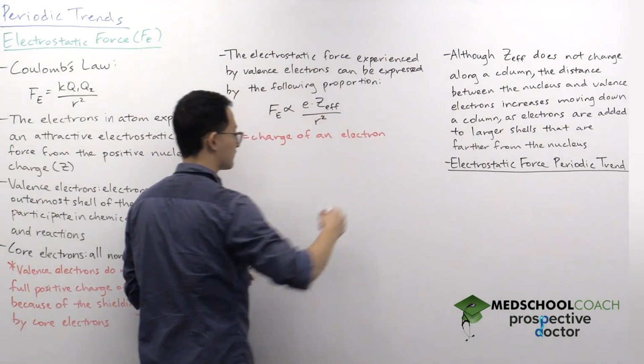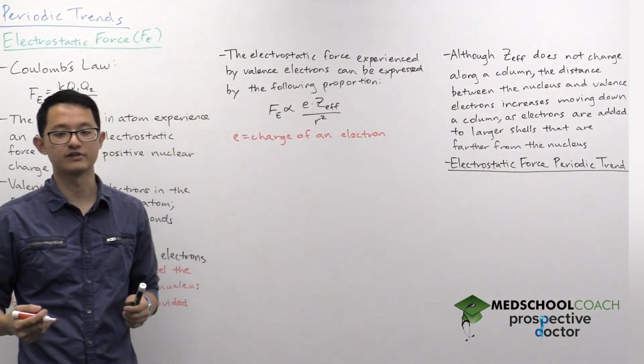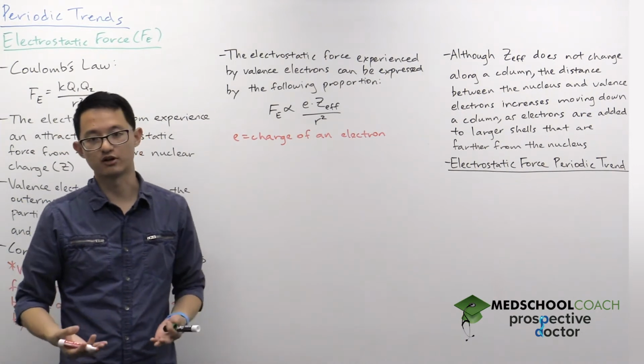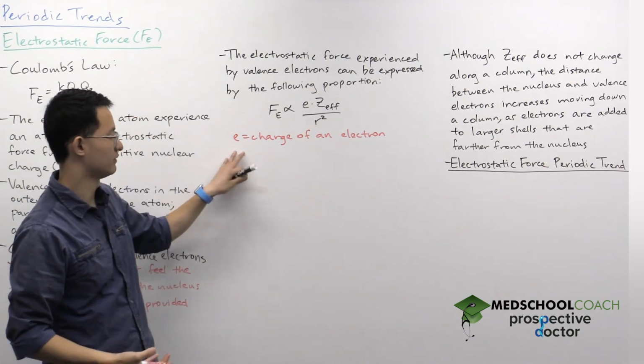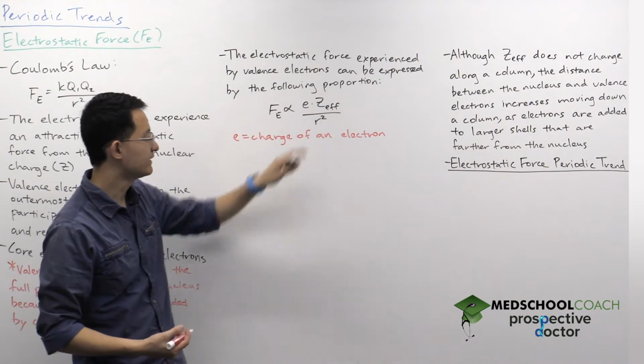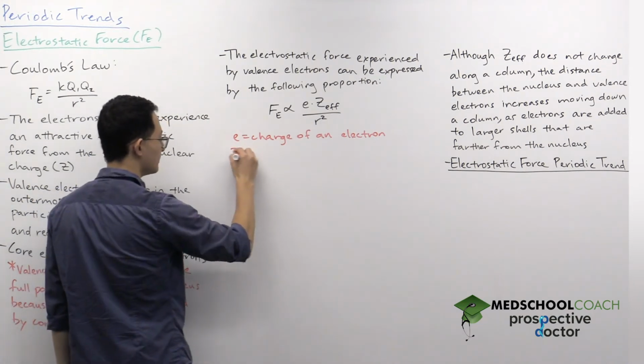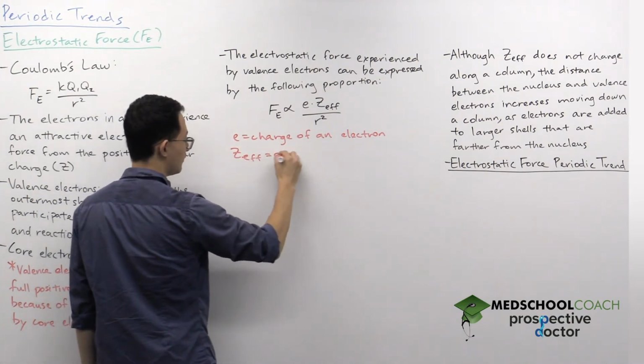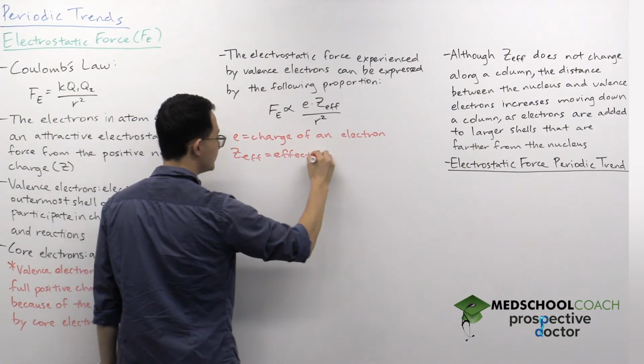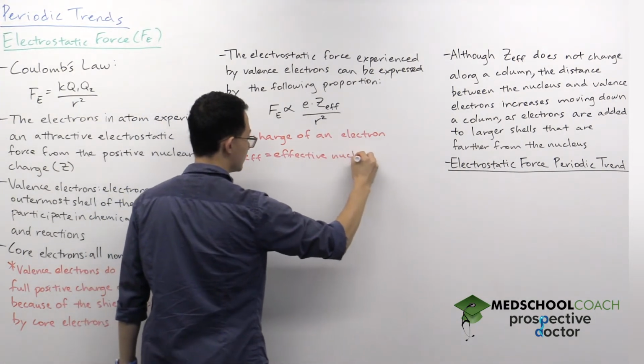In this case, we're of course talking about the valence electrons, but all electrons have the same charge, so it doesn't really matter what we use. Z effective, this is a new term. This is called the effective nuclear charge.